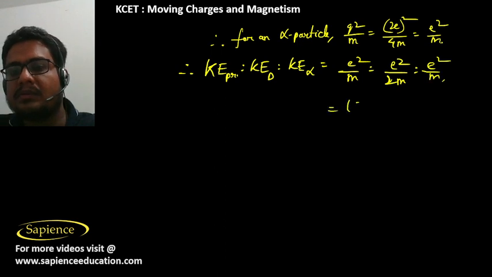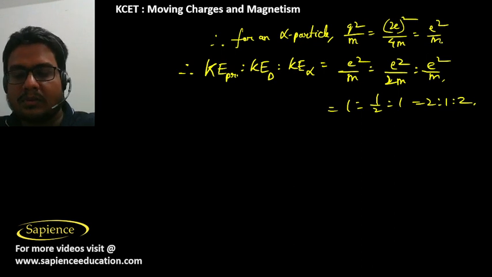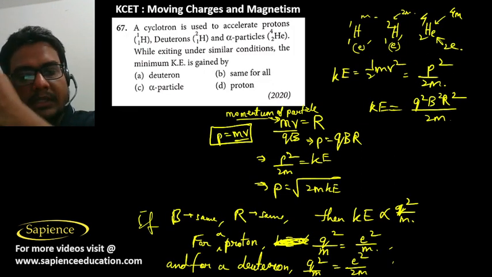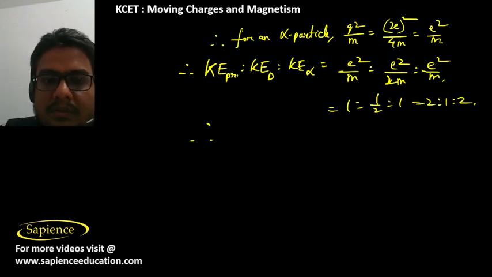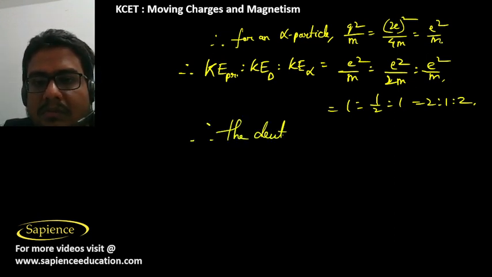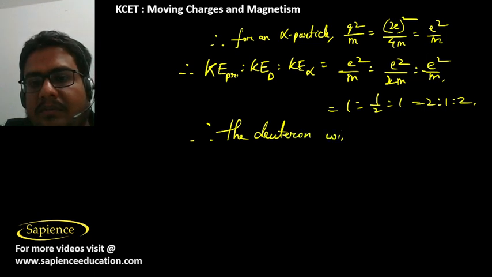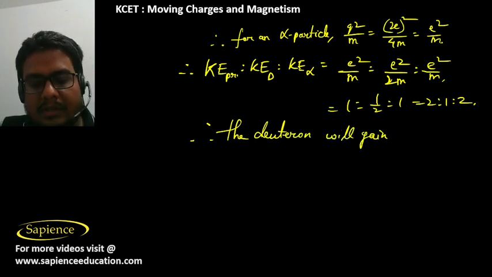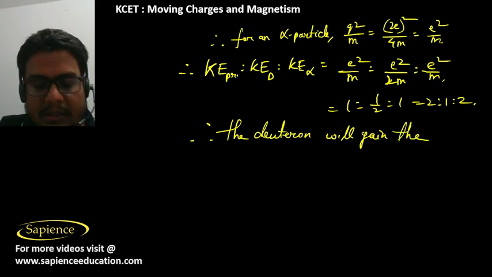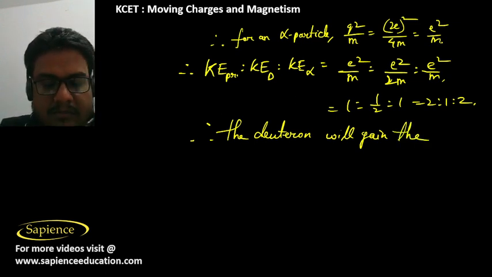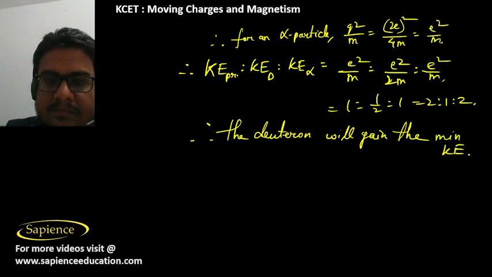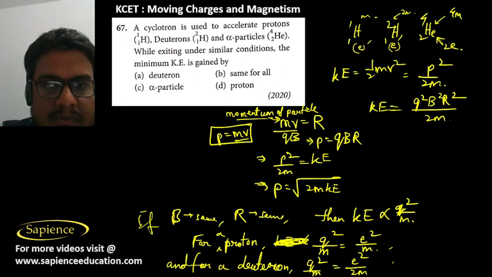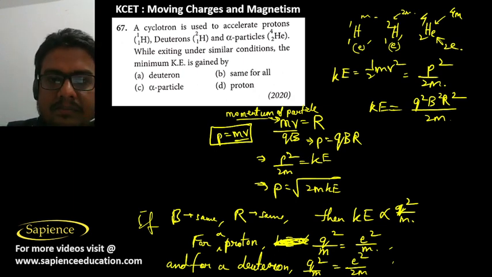That is 1 is to half is to 1, which is equal to 2 is to 1 is to 2. So the minimum kinetic energy gained will be for the deuteron. Therefore the deuteron will gain the minimum kinetic energy. It means that option A is the correct answer.